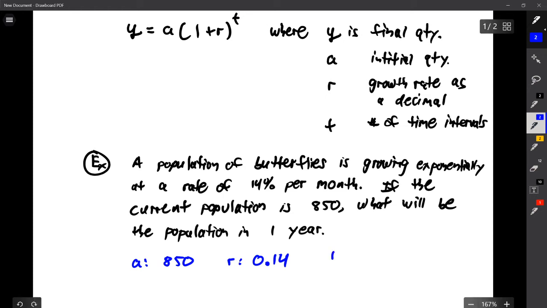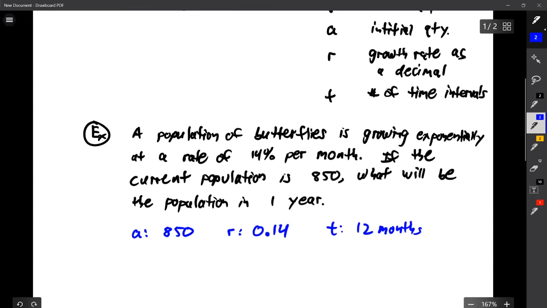Do we know what t is? Here's where you need to be careful. To make t, use the same units as r. So r is 14% per month, so t needs to be the number of months. If I want to know the population in 1 year, I need to express 1 year as how many months that is. So t is 12 months.